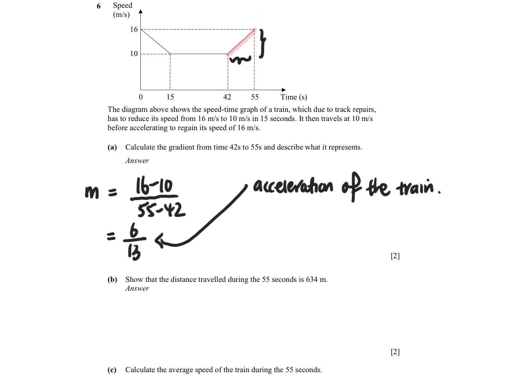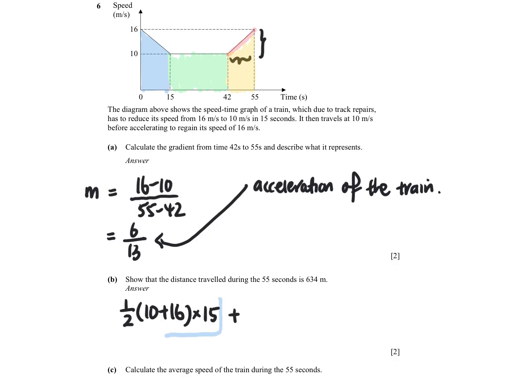Show that the distance traveled during the 55 seconds is 634. So you must know that the area under the curve is distance. So go and find these 3 chunks. All these are giveaways, just that you must know what the question wants. So the first part is half times sum of parallel lines times the height 15. This is the blue one.